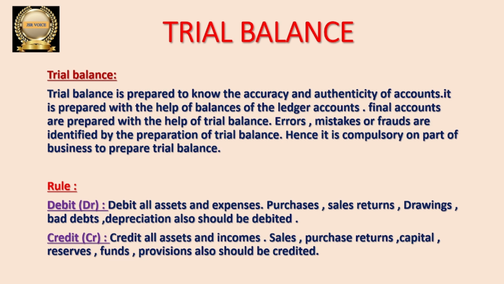So the debit rule. What items should we debit? Debit all assets and expenses. If any item is an asset for the business, we should debit it. Expenses also, there will be so many expenses for the business, so all expenses also we have to debit, and not only these two items.